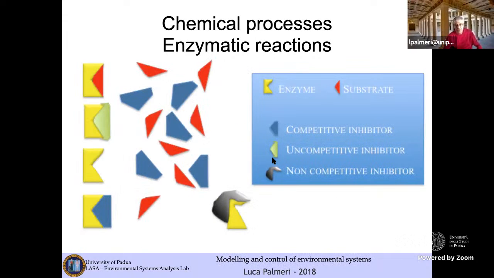In particular, this is the classical lock and key description for enzymatic reaction. We may describe the enzyme by this symbol, the yellow one. We may describe the substrate by this symbol. So in this case, we have a perfect key and lock shaping, so that the activated enzyme has this form.